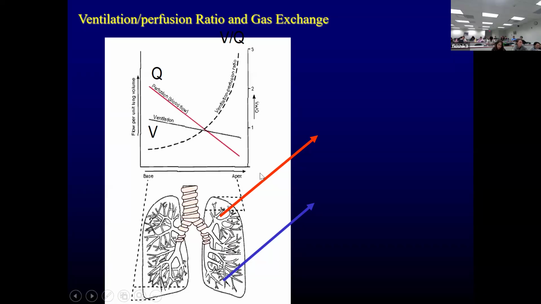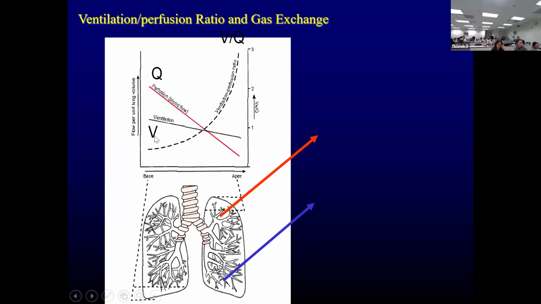If I look at the ventilation, you and I just agreed there are more alveoli at the base and very little at the apex. So again, ventilation is more at the base. As I go up, it decreases, but it doesn't decrease as much as the perfusion. One more time, ventilation and perfusion are more at the base and decrease as we go up, but perfusion decreases much more compared to ventilation.